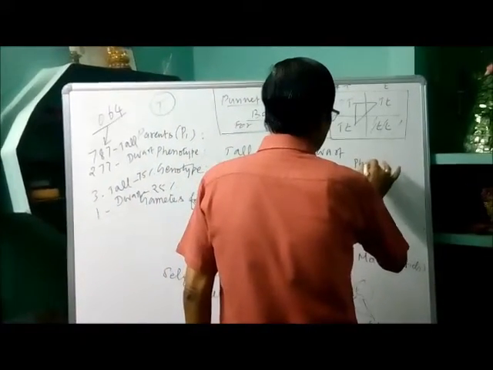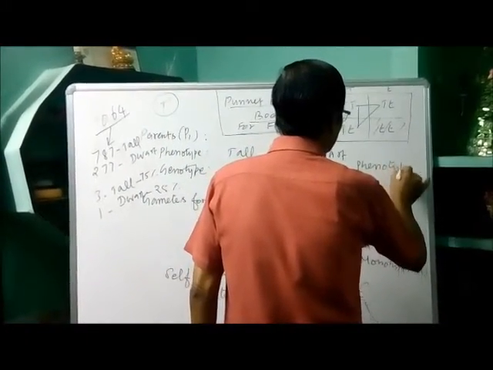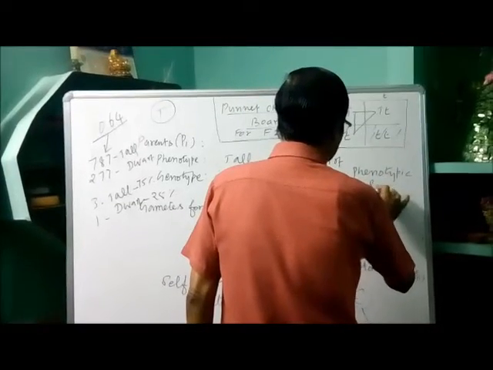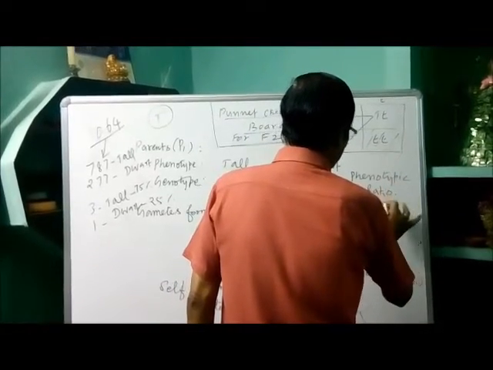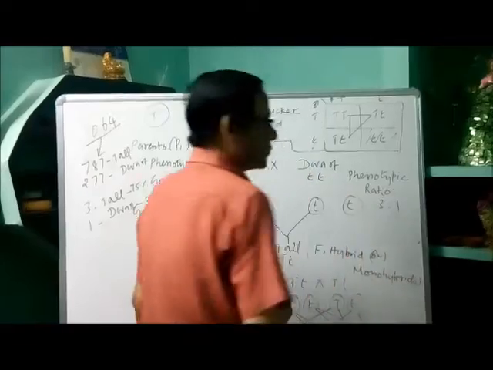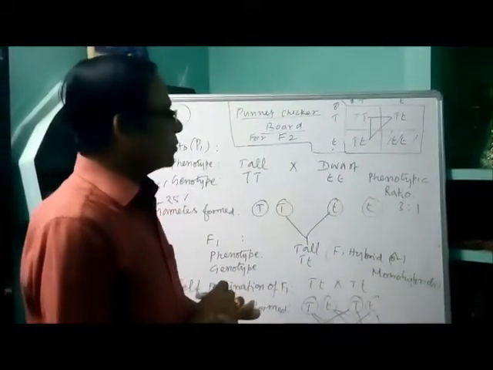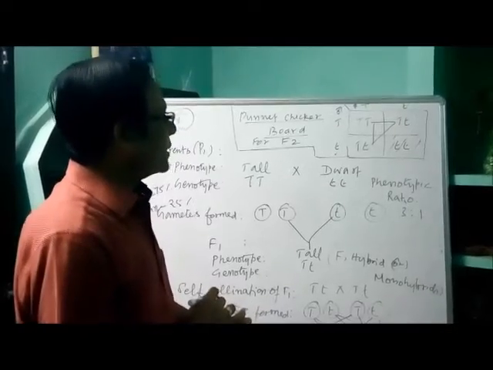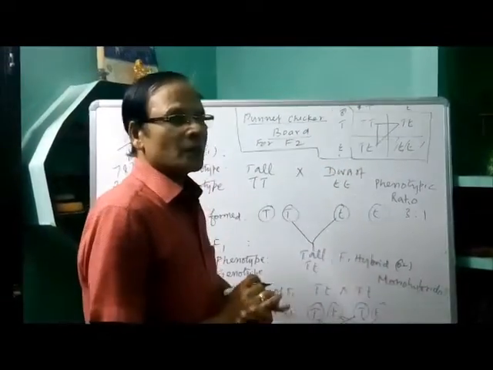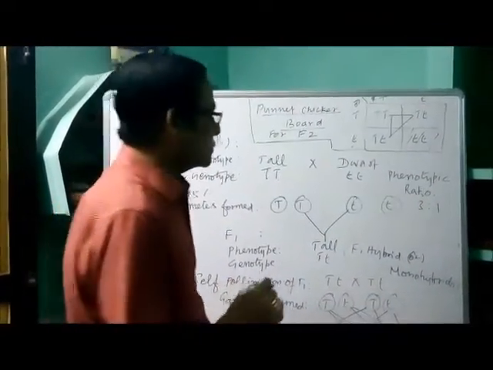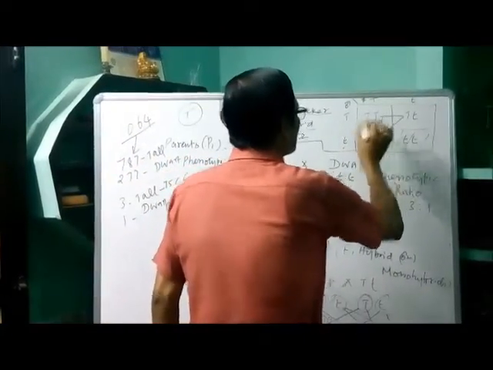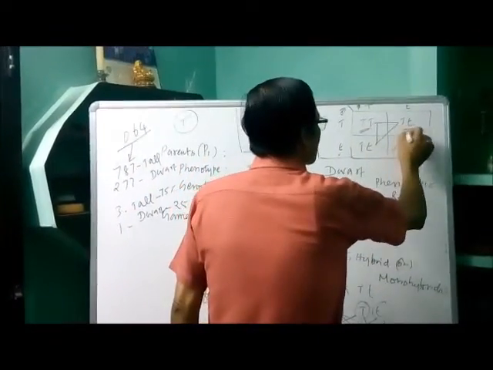Based on the external visible appearance, we are getting 3 tall, 1 dwarf, and this is called the phenotypic ratio. If we take the three tall plants, one is homozygous and the other two are heterozygous.